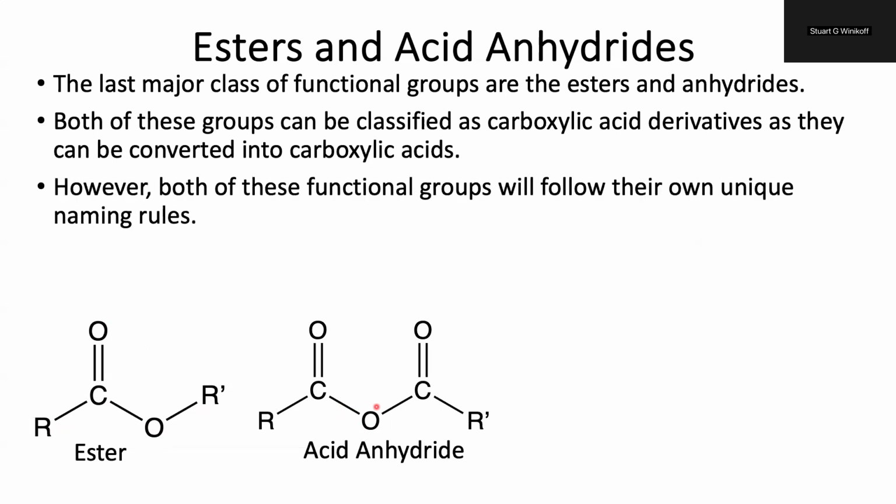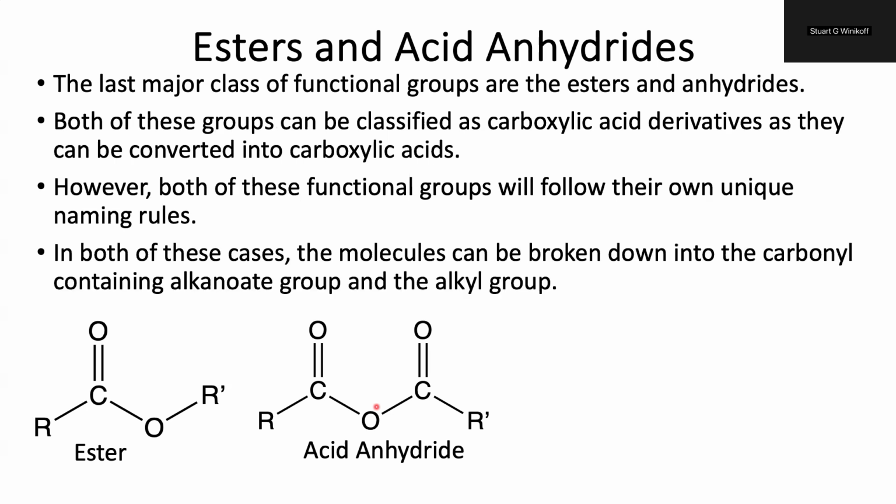However, both of these functional groups do follow their own unique naming rules because they're somewhere in between acting like an ether and acting like a traditional carboxylic acid. So in both cases, these molecules are going to be broken down into essentially the chunk containing the carbonyl group and the other substituent.